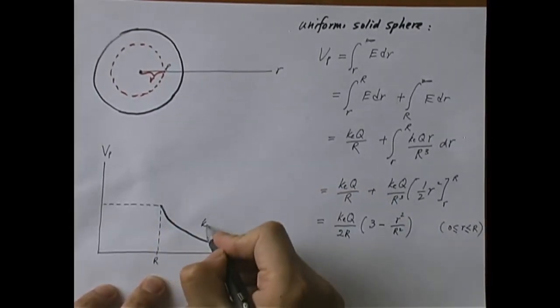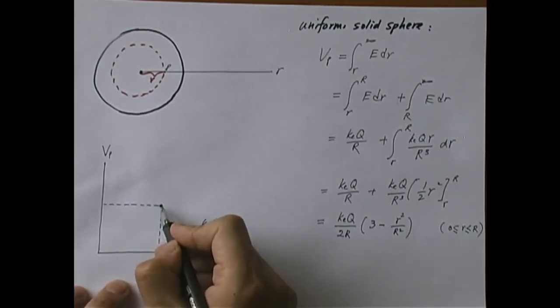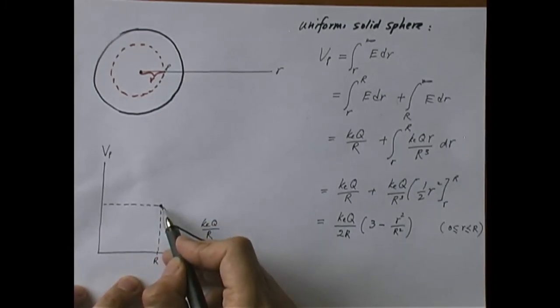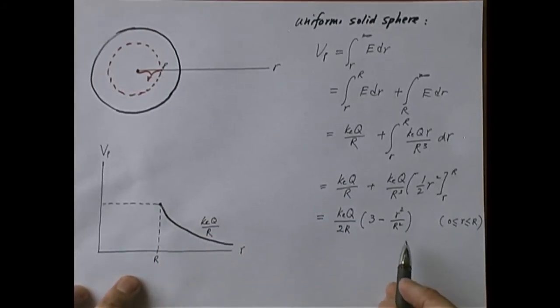There is no discontinuity. The electric potential right inside and right outside the sphere is the same if the sphere is solid.